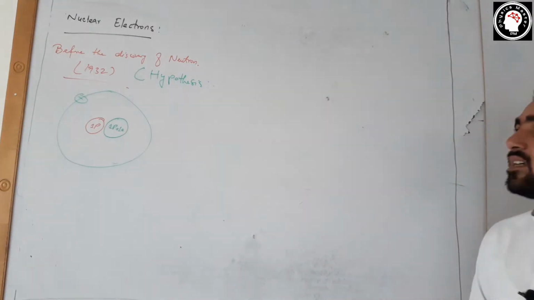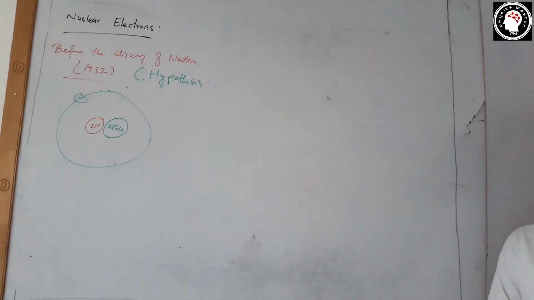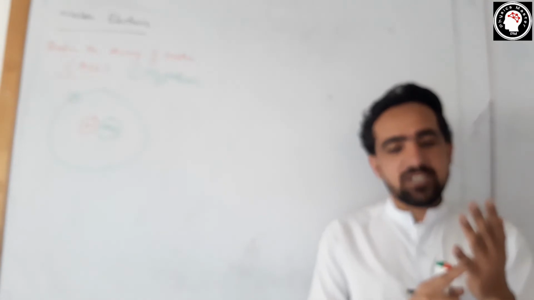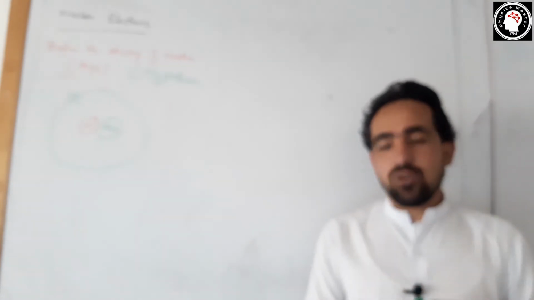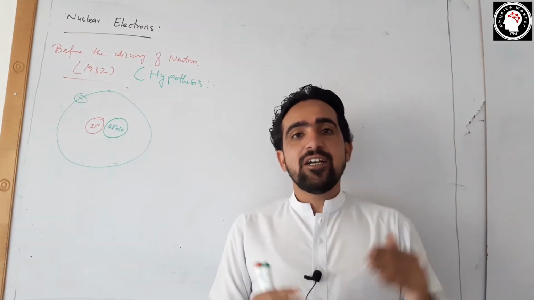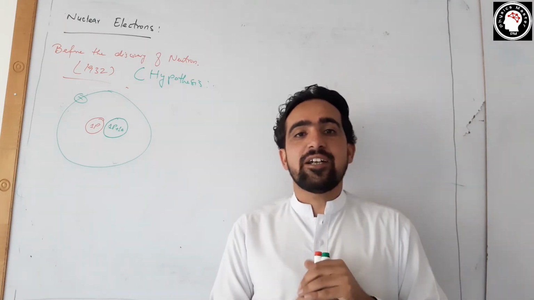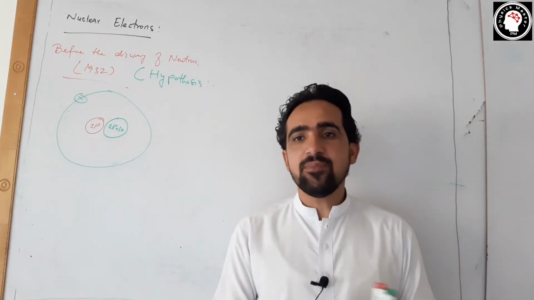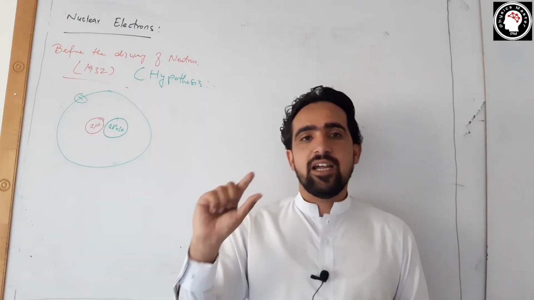Nuclear electrons. Before the discovery of the neutron, which was discovered in 1932, a hypothesis was put forward. Since we had already discovered the electron and proton, the total mass of protons and electrons did not account for the total atomic mass of an atom, except for the protium atom, which consists of one proton and one electron only.